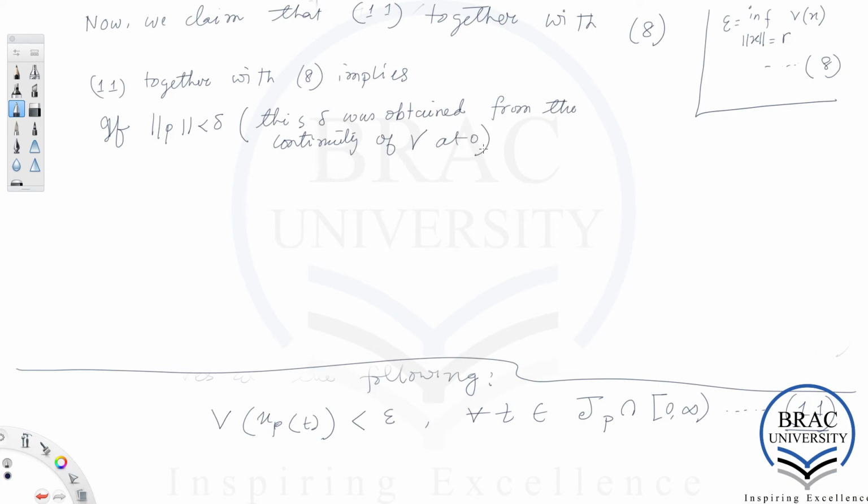So if norm of P is less than delta, then if this is the case, then UP of t is in the closure of this ball of radius r centered at 0.